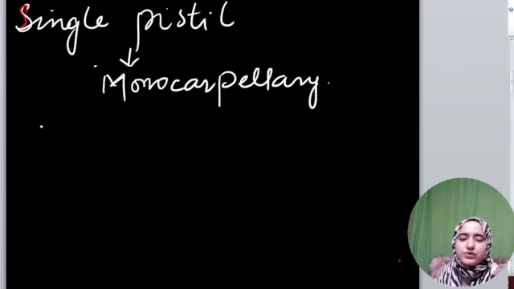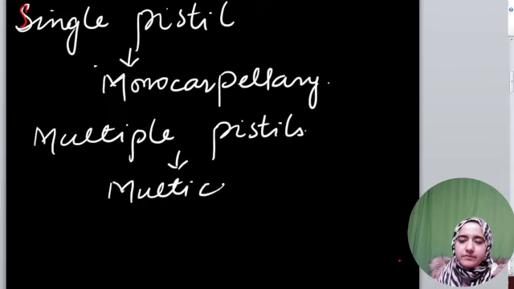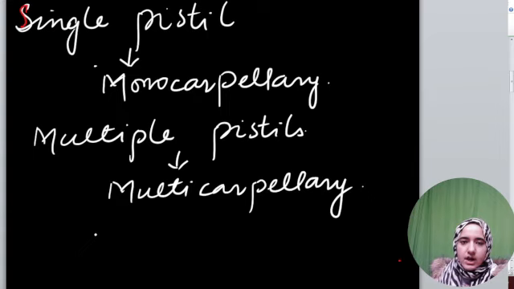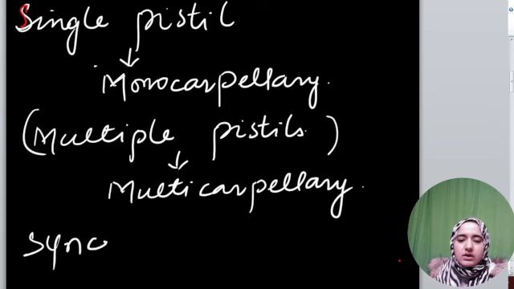And we may have multiple pistils, that is known as multicarpellary. These multiple carpels may be fused together, and that is known as syncarpous, in which we have carpels in fused form.